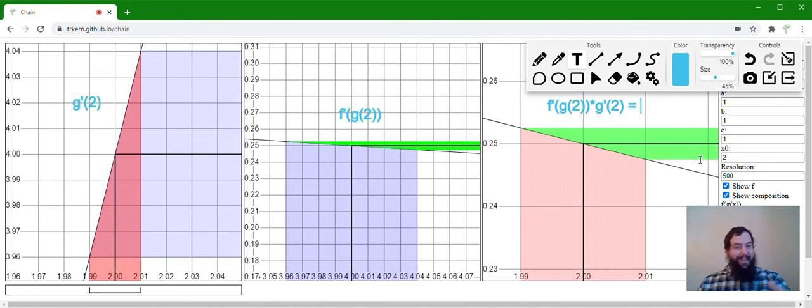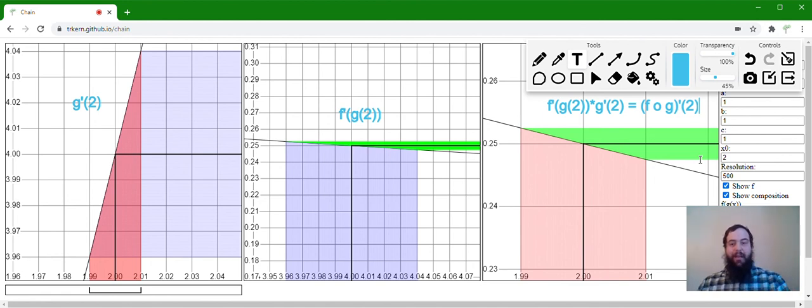And that's another way of saying the derivative of this composition, the derivative of f of g of x at x equal to 2. So this is f of g prime at 2, right? It's the derivative of the composition, the derivative of f of g at 2.